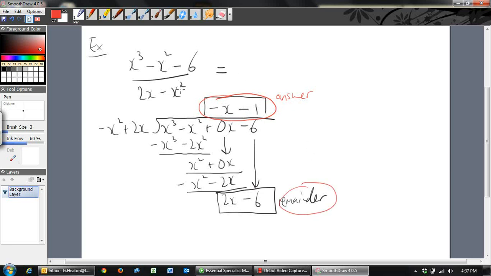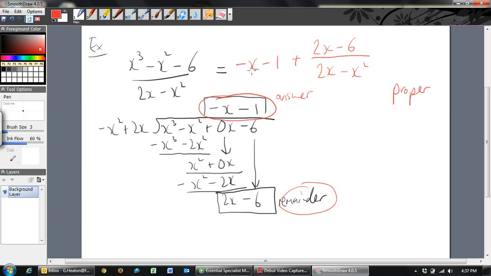So how we can write this is, it's equal to negative x minus 1 plus the remainder, 2x minus 6, over what we divided by, so over 2x minus x². And that's how we write that, as this is now a proper fraction.